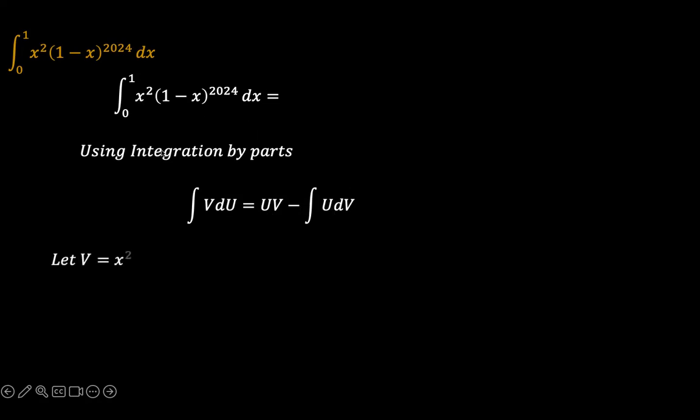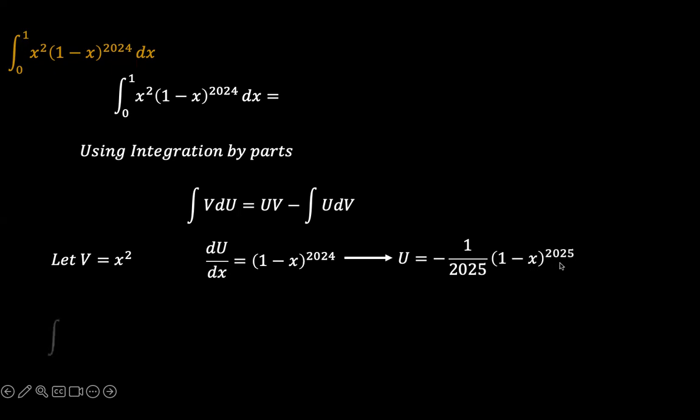And so for this problem, if we consider v to be x squared and then du to be (1 minus x) to the power 2024, then it means that u is negative 1 over 2025 times (1 minus x) to the power 2025.